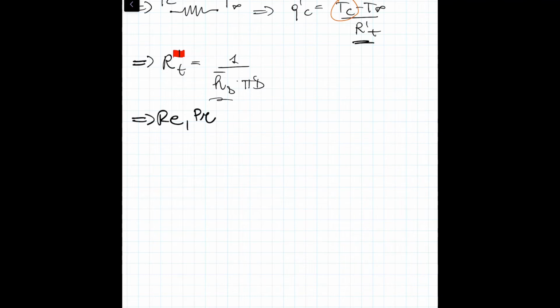Now, the Reynolds number and the Prandtl number of the flow can be found only if the air properties at a certain film temperature are evaluated first. As we don't know the conductor temperature, the film temperature in this case is just a complete guess. So I suggest using a film temperature of around 350 Kelvin. After evaluating the properties at that film temperature, we can evaluate the Reynolds number, which is velocity times diameter over kinematic viscosity.